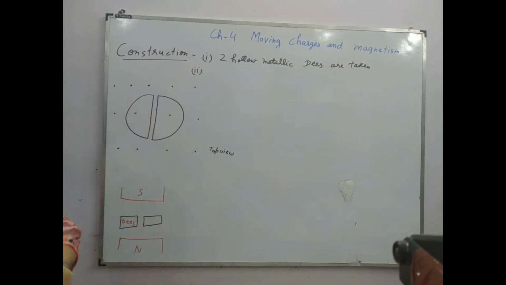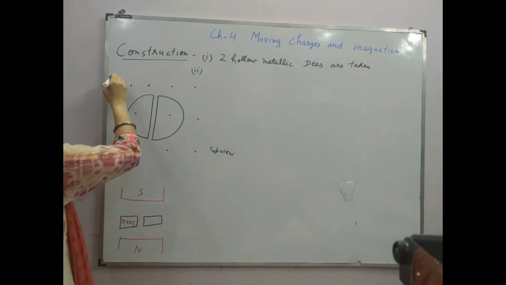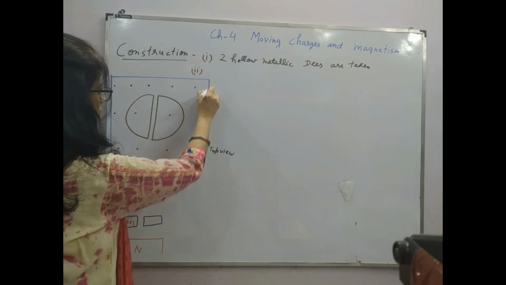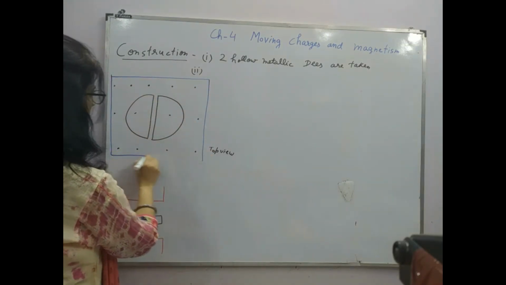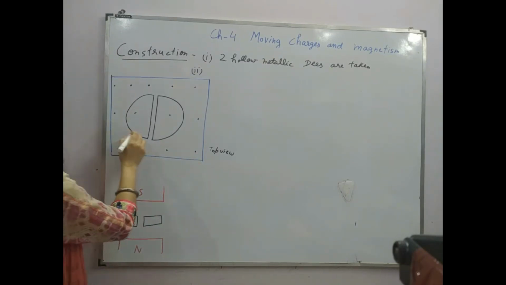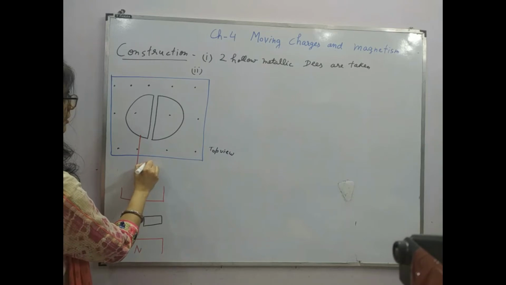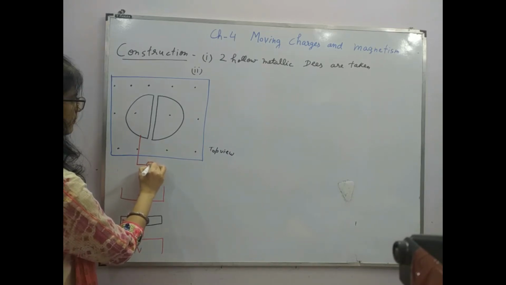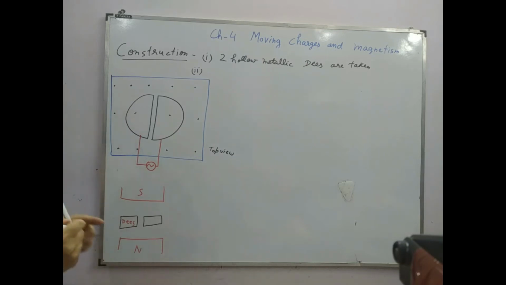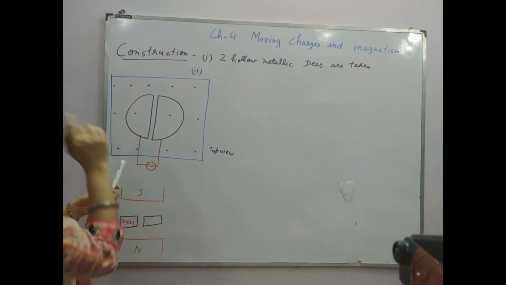Right? Now this is an evacuated chamber. These Ds are connected to the AC, that is an oscillator, where the direction of the current changes after every half cycle.